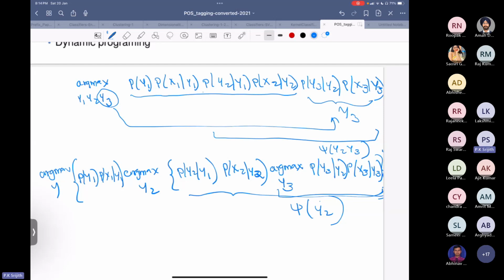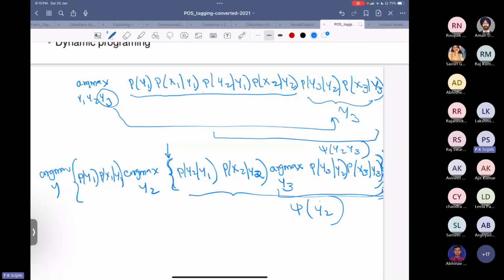Sir, how are we saying then that the first part only depends on y2? Even that, the argmax of y2, is also dependent on y3 in a way, right? You see, this bracket is starting from here until here. The bracket covers that. So that's why I wrote it as a function of y2.